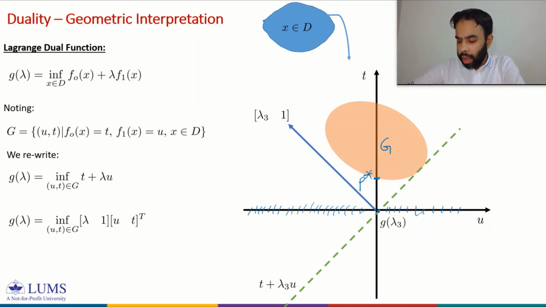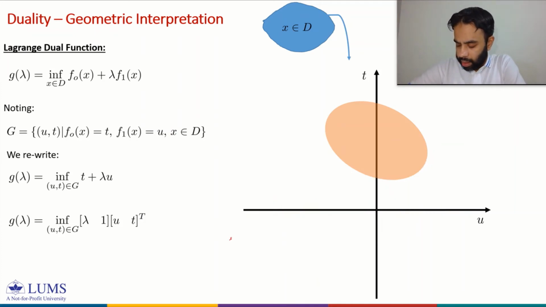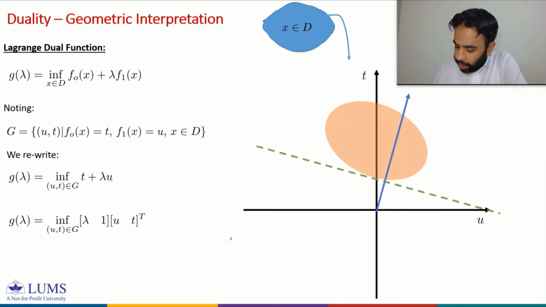Okay, so let me explain this in more detail. If we take this lambda, we call it lambda star, because for this lambda you can get the maximum value of g(lambda). So g(lambda) cannot be greater than this value, because we require to support this set G with the supporting hyperplane.